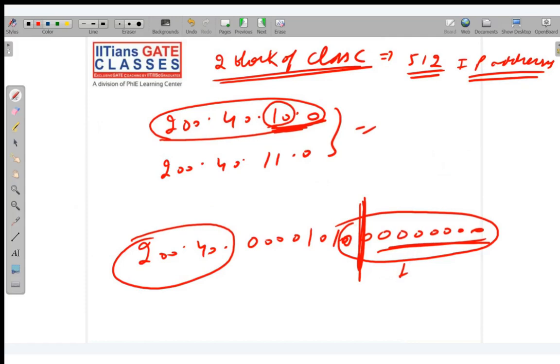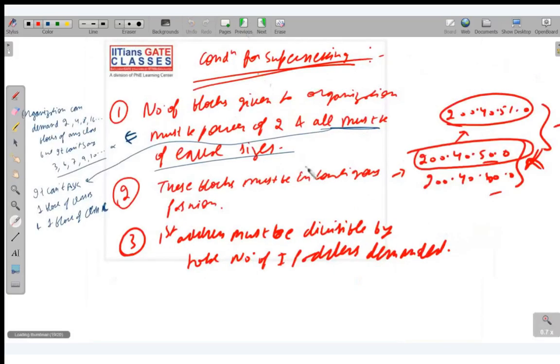Otherwise the router will also create a problem in routing. I'm not digging deep into unnecessary details because it is not required for GATE. Only the thing which is required for GATE, I'm telling you. So you can just remember that we want continuous zeros to continuous ones. That's why we say the first address should be divisible by the total number of IP addresses demanded. Roughly they will ask you why this is so: otherwise routing is impossible here.